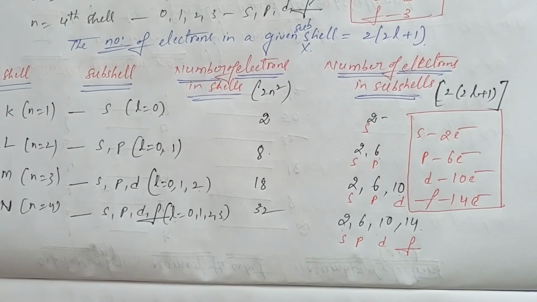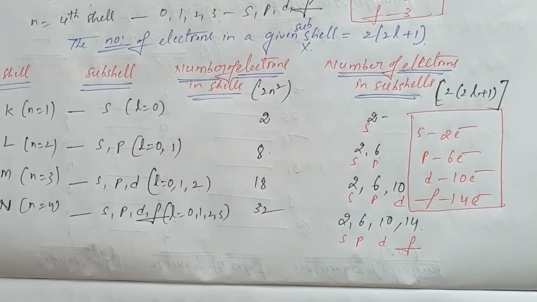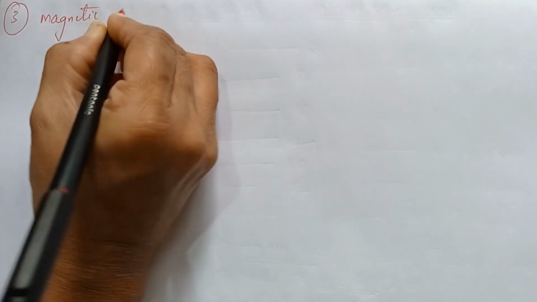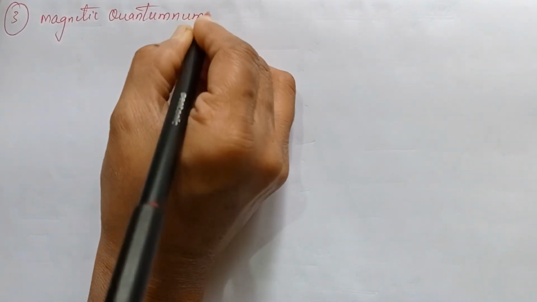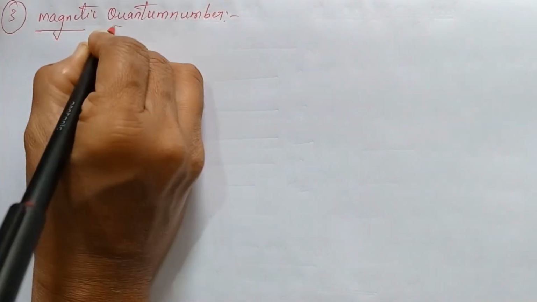Now the next one, the third one, which one is it, students? Magnetic quantum number. See students, the third one, magnetic quantum number.